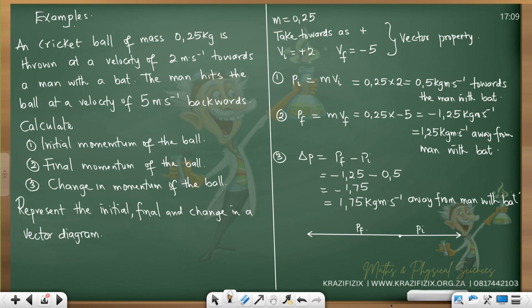Now, what is my change? My change is longer. It's the addition of both of them, but it's in away direction. Change in momentum. Let me just use this as boundary. Okay, that's not important anyway, but just make sure that it's the same to take care of the value.